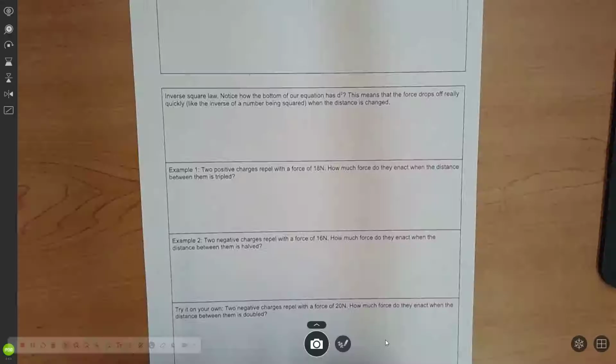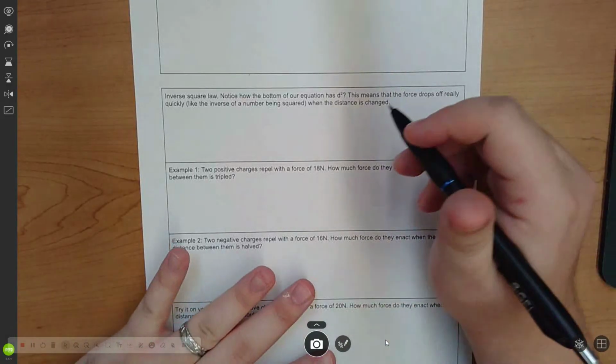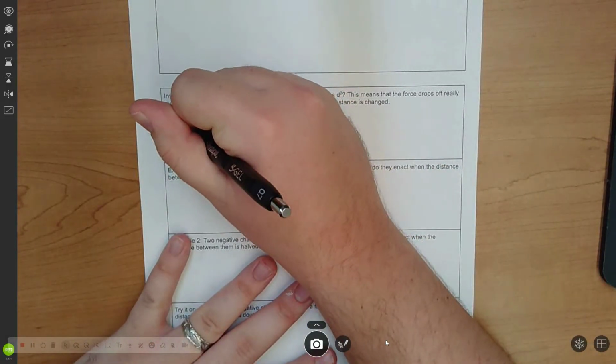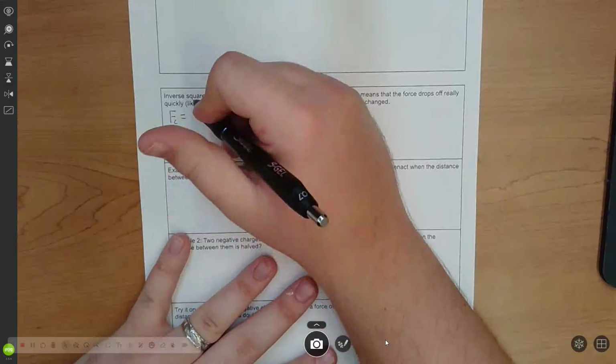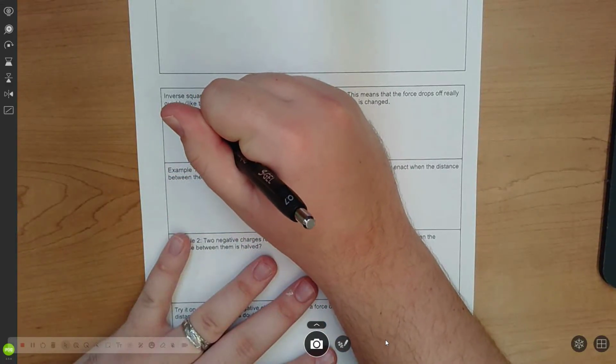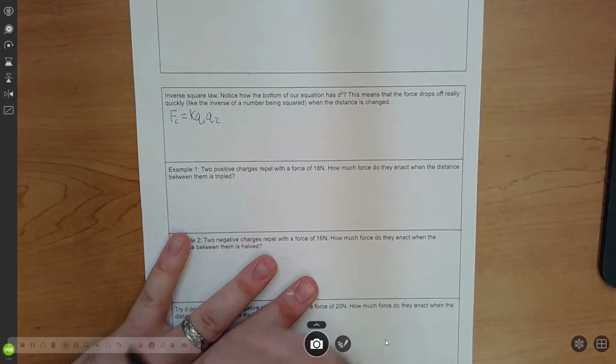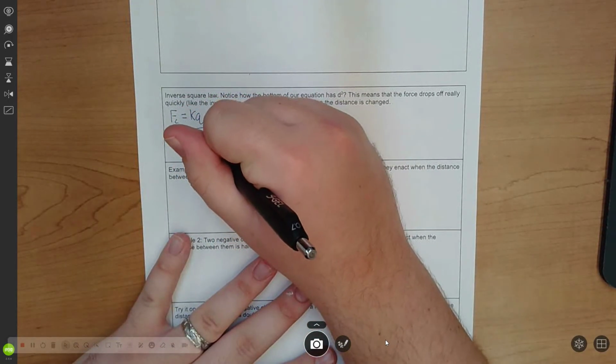And to start it off, I'm just going to do a quick rewrite of the equation we did in the previous video. So that was the force is equal to K Q1 Q2 divided by the distance squared.